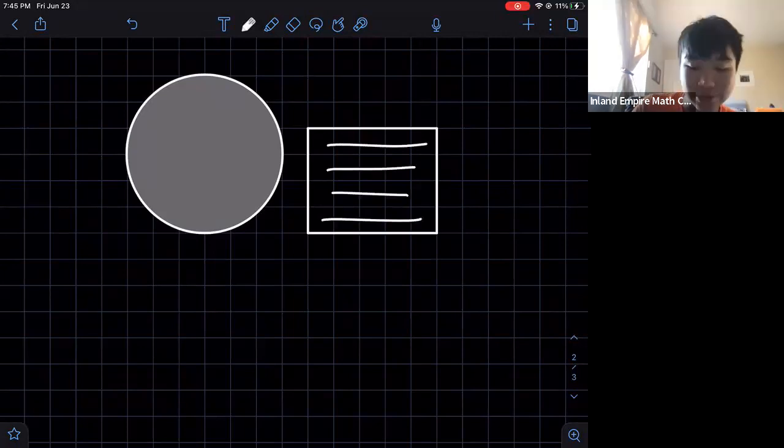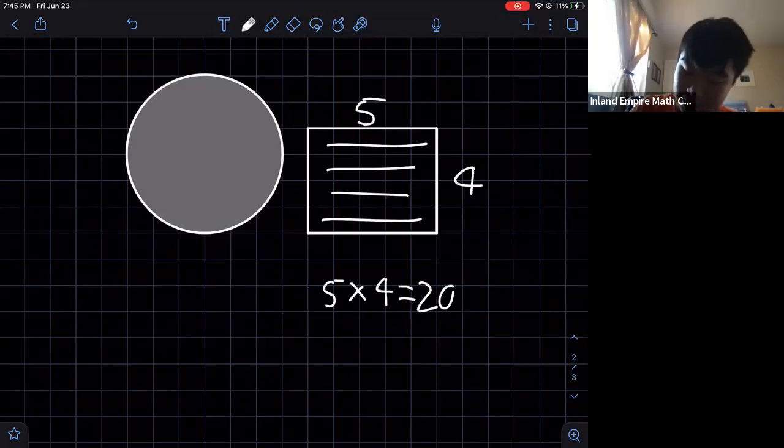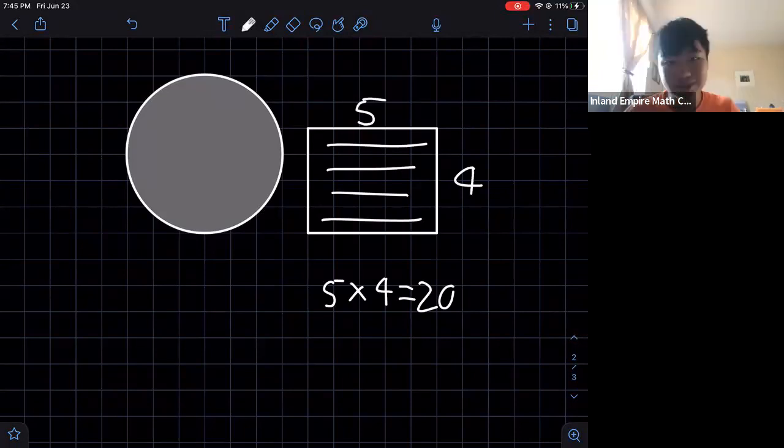In total, there's 20. Or you could just multiply 5 by 4. 5 times 4 equals 20. Which is pretty simple for a rectangle. But in a circle, you can't really do that, since a circle doesn't fit so simply into a bunch of squares, which is what we measure area in.